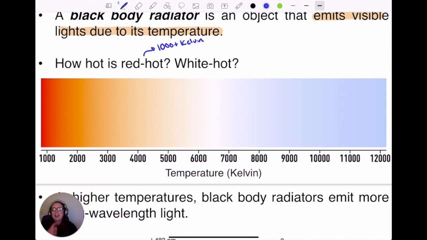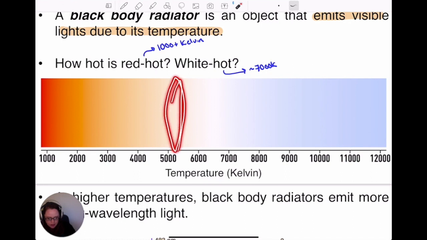So there's an actual temperature that we can associate each of these colors with. White hot looks like about 6,500, maybe 7,000 Kelvin. Our sun is around 5,000 Kelvin. So it's kind of like the yellow-white region. If we get even hotter, then that's where we start seeing blue light emitted.